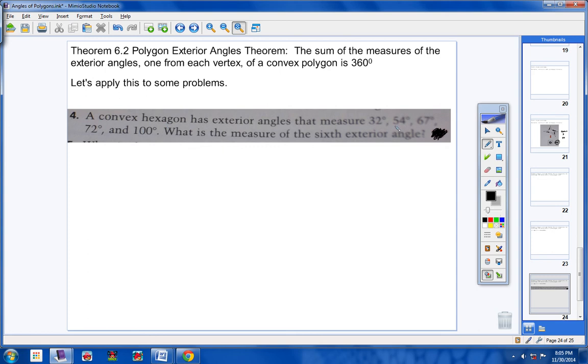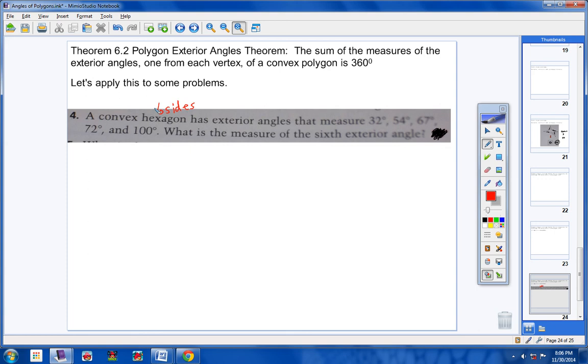A convex hexagon. Now a hexagon is 6 sides. And guys, you should really know this, okay? If you do not know what a hexagon is, you really need to look it up and learn these, okay? In your book, you will find them on page 268. You might want to make note of this in your notes, okay?